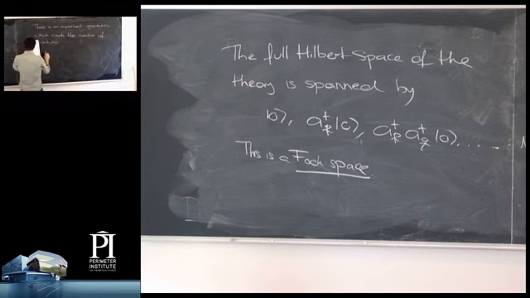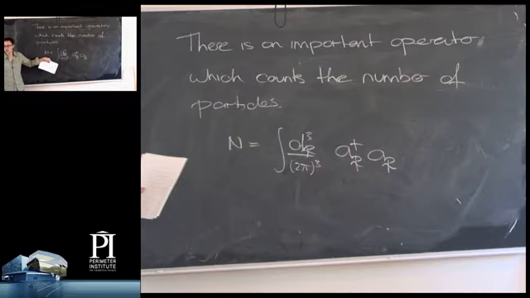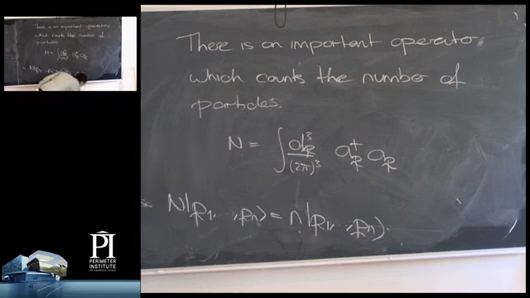It's called the number operator, the same number operator that you've probably seen in the harmonic oscillator. It's easy to check that if you act on a state with particle number n with the number operator, it gives you back little n, the number of particles.